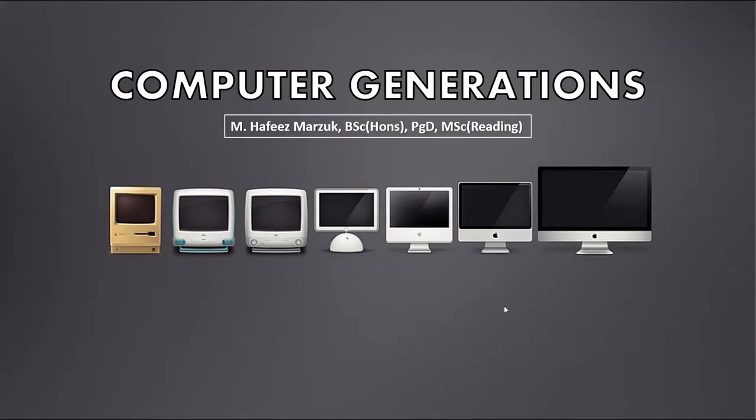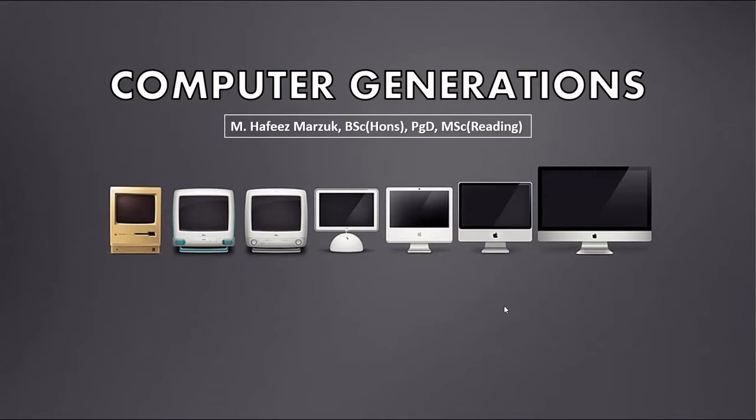Same as the generations that humans have, computer generations come on the basis of time periods, where these computers have been segregated based on the advancement of the technologies being used in these computer systems.